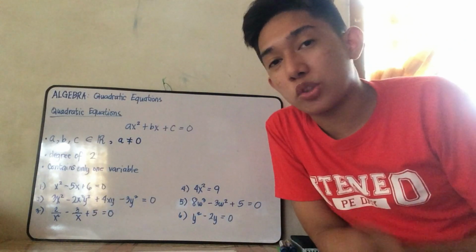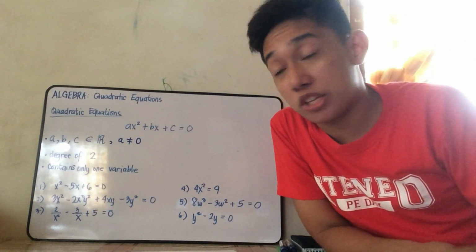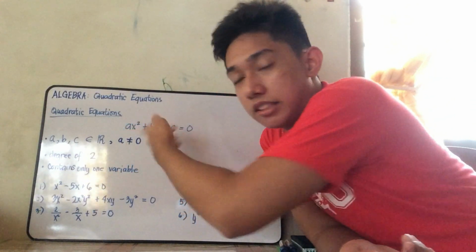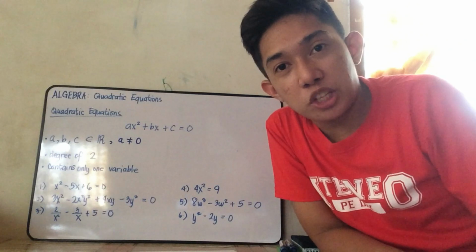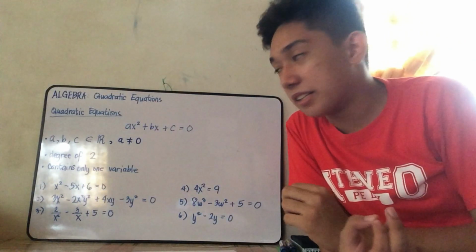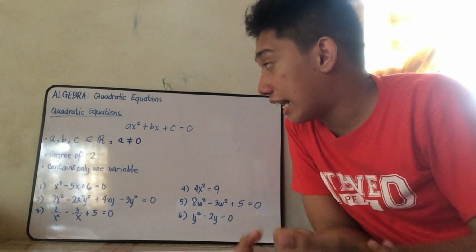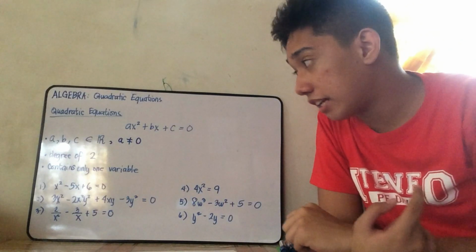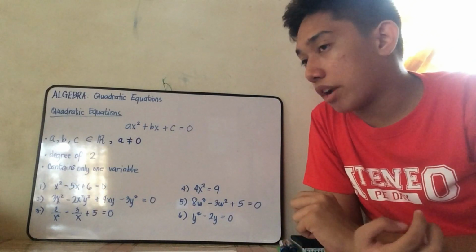Kasi yun yung pinaka-importanteng aspect ng isang quadratic equation. It is in the degree of 2. Kasi kung magiging 0 yan, anything that you multiply to 0 is 0. So wala po yan. Yan po yung dahilan bakit kailangan may degree of 2 yung ating quadratic equation, okay? And it contains only one variable.